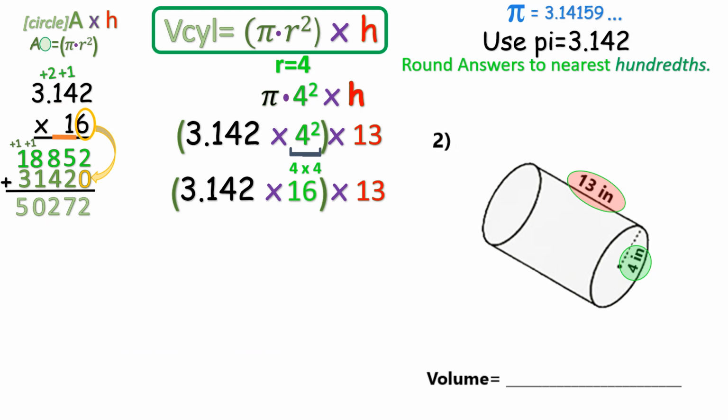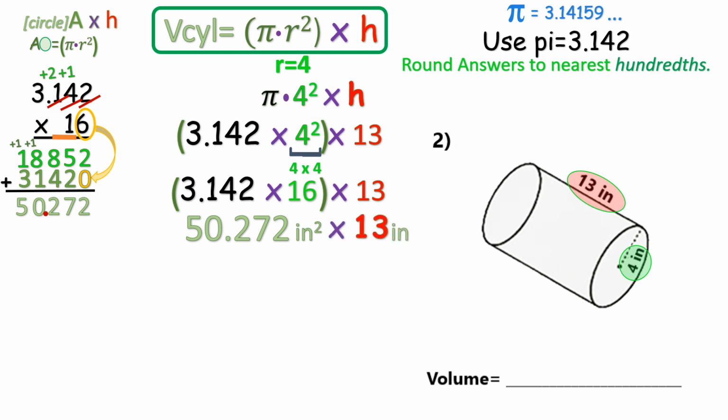Now I have the correct number. So now, once I have my answer, then I'm going to count my decimal spaces. Once again, in my math problem, I have 3, so I'm going to move my decimal point from right to left 3 times. So what we found is that the area of the circle is 50.272, or 50 and 272 thousandths square inches.